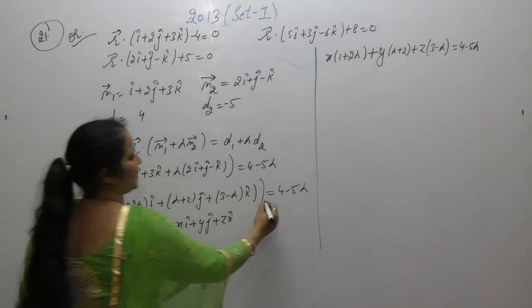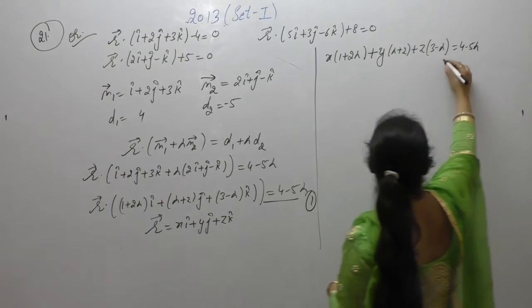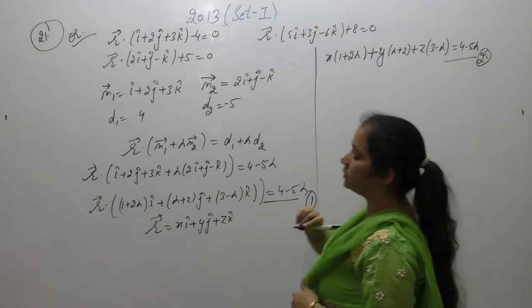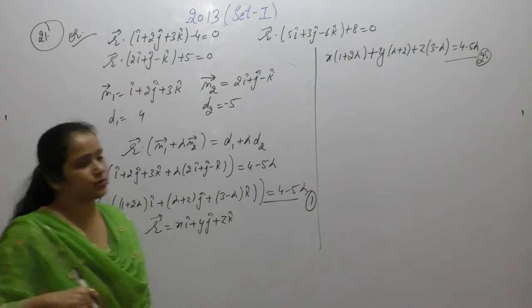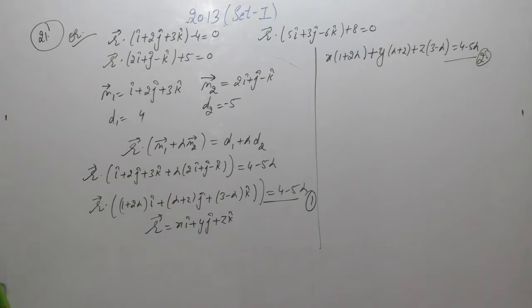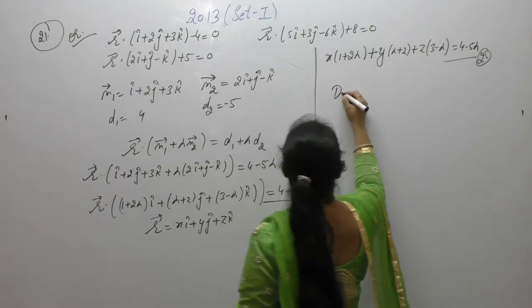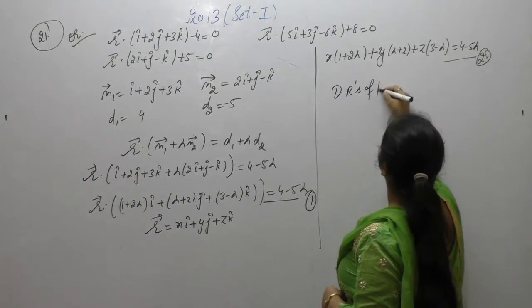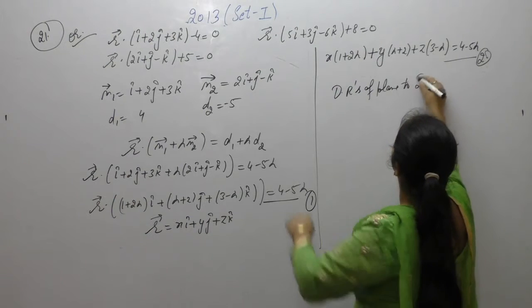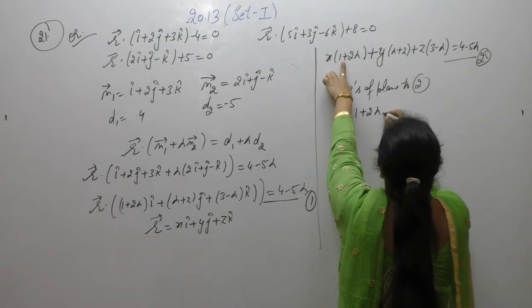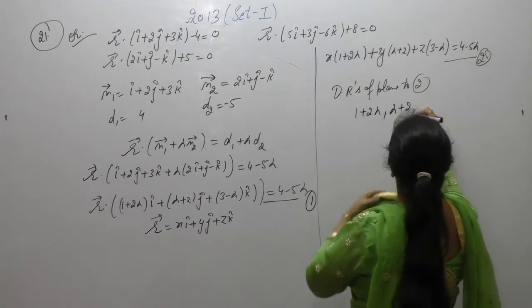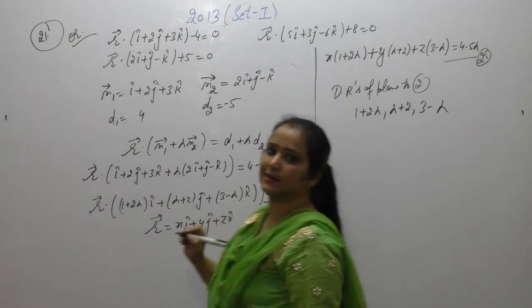Let this equation be 1 and this equation be 2. Now the direction ratios of the plane in equation 2 are 1 plus 2 lambda, lambda plus 2 and 3 minus lambda.